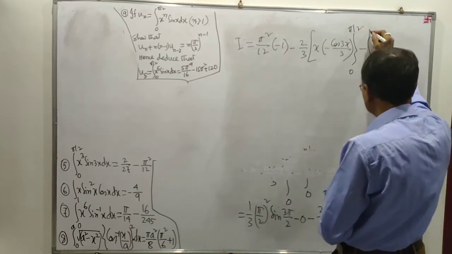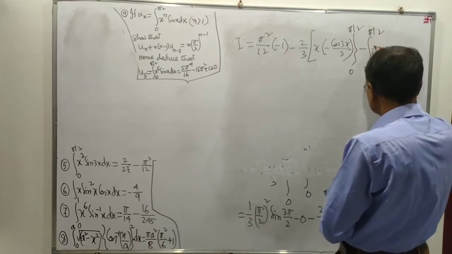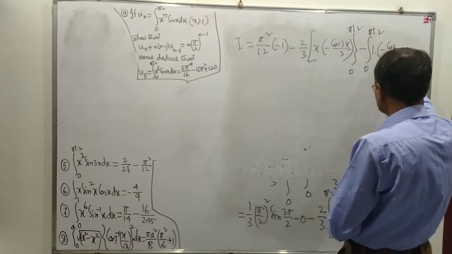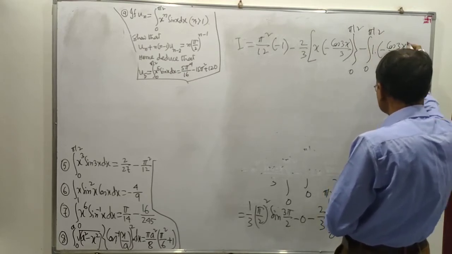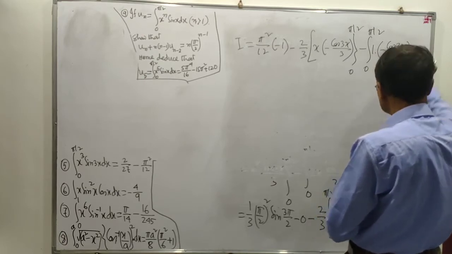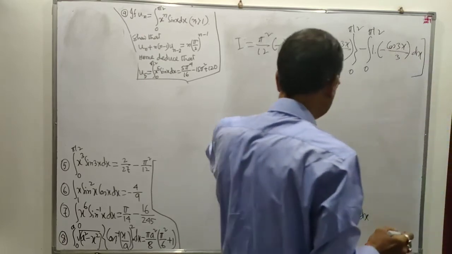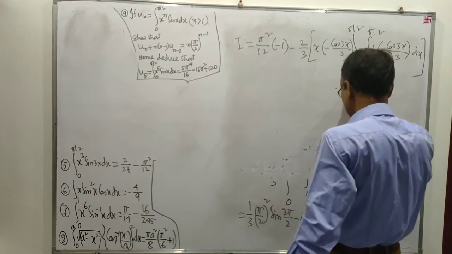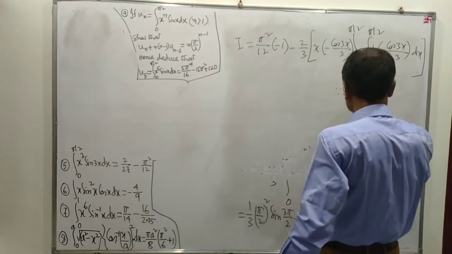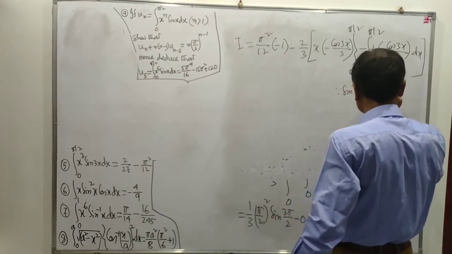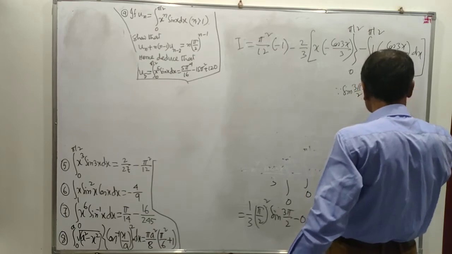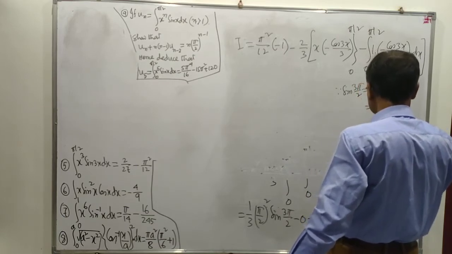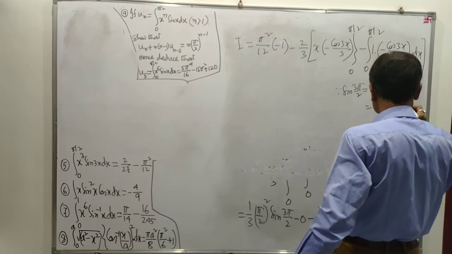Minus integration 0 to pi by 2 of the differentiation of this into the integration of this is equal to this. You may write like this also. Since sin thrice pi by 2 equal to sin pi plus pi by 2, this is equal to minus sin pi by 2 equal to minus 1.